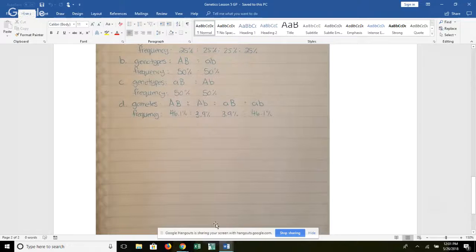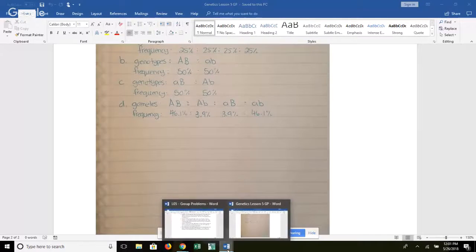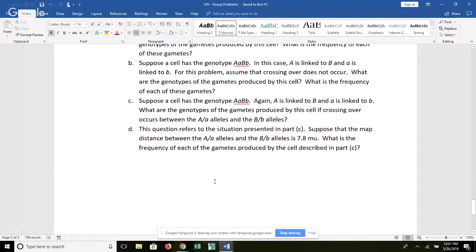And then for part D, it says, suppose that the distance between the A alleles and the B alleles is 7.8 map units. What is the frequency of each gamete produced in the cell? So 7.8 map units also means that there's a 7.8% chance that crossing over does occur.